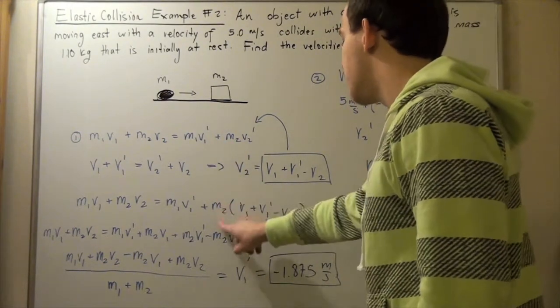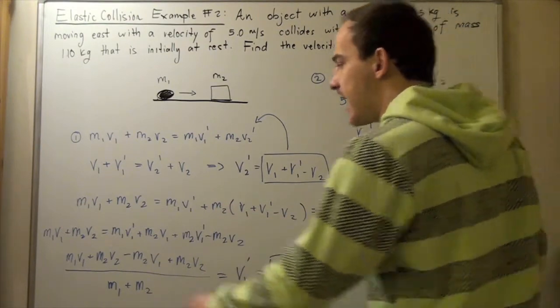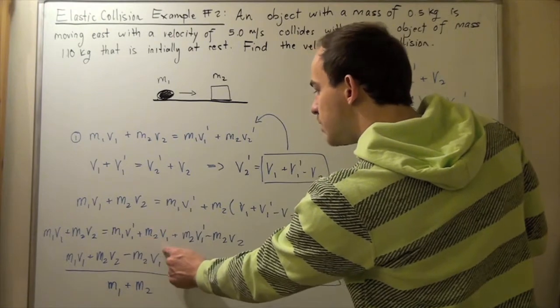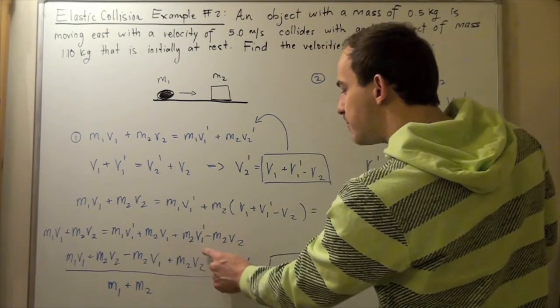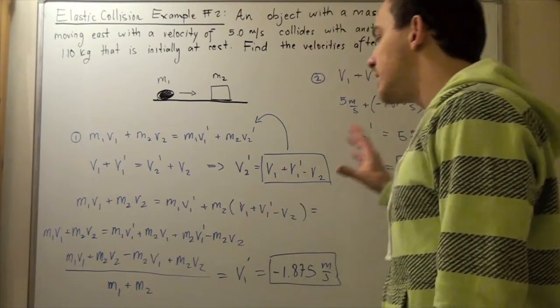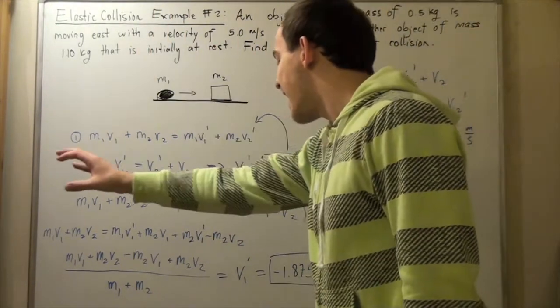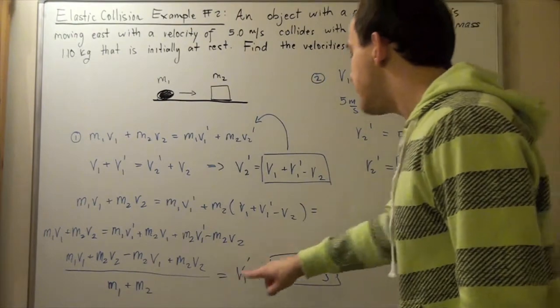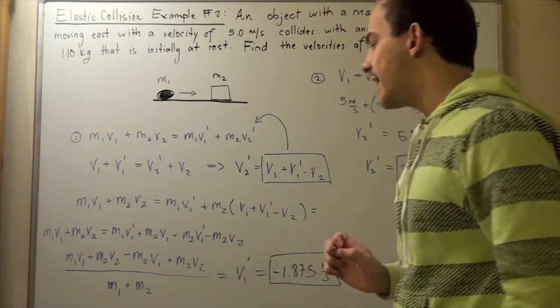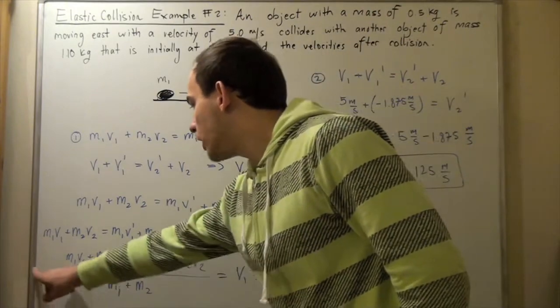Now I multiply out by distributing, and at the end we have m2 v1 plus m2 v1 prime minus m2 v2. And now I want to bring everything to this side and only leave my v1 prime on the right side. I do exactly that, and I get this whole equation.